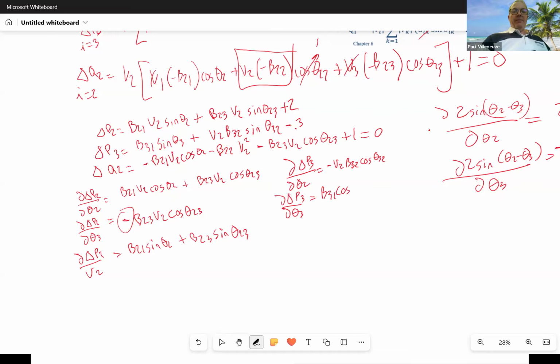B31 cosine theta 3 plus V2, B32 cosine theta 32. And lastly, delta P3 with respect to V2. That's going to be equal to B32 sine theta 32.